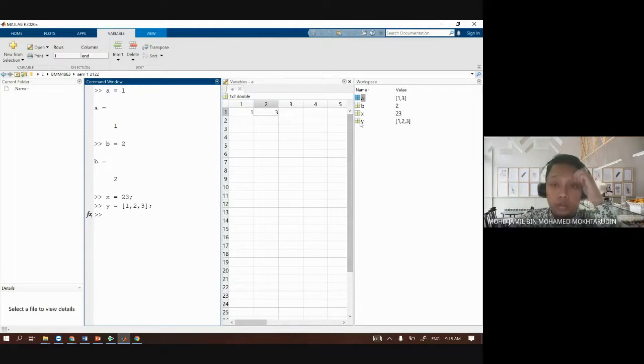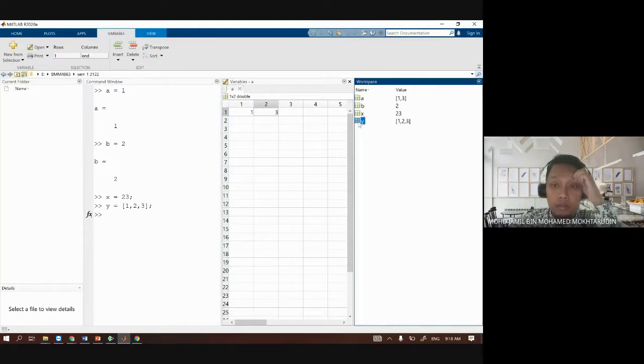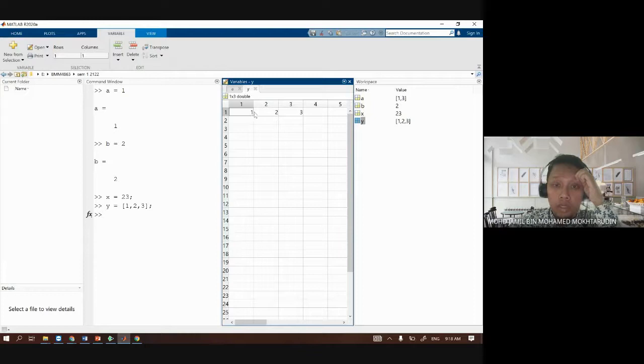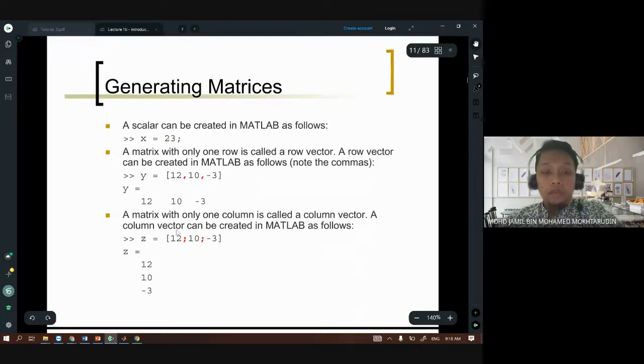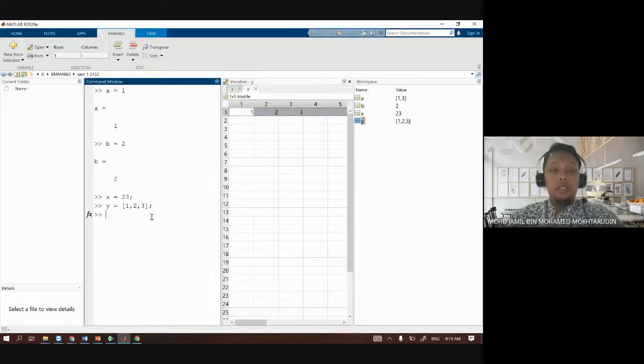Let's look at y. Y is 1, 2, 3, in different columns because it is separated by commas, but it only has one row. But if you want to create a matrix that has only one column but many rows, you use semicolons instead. Let's say z equals 1, semicolon 2, semicolon 3.